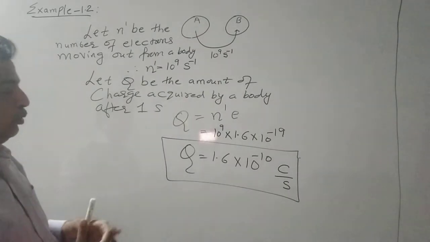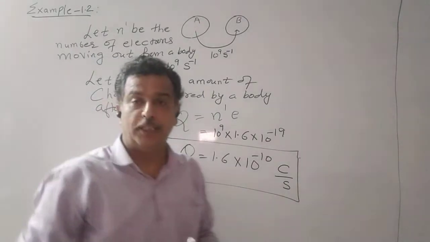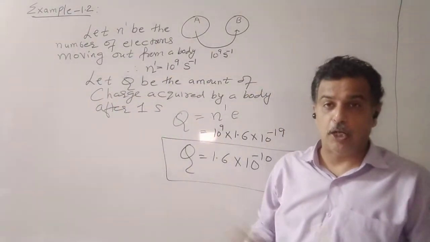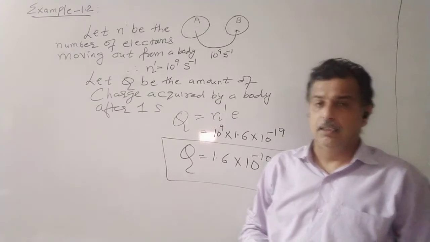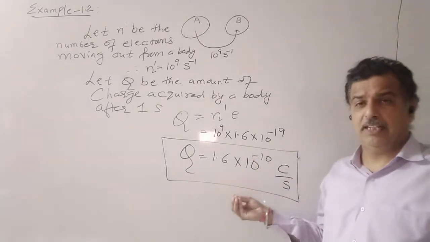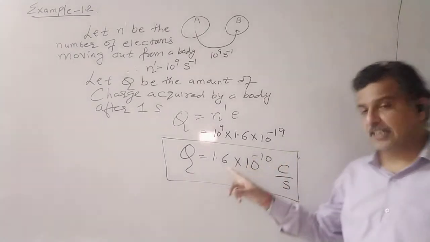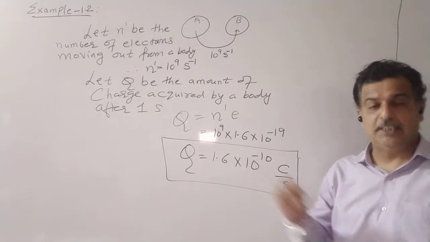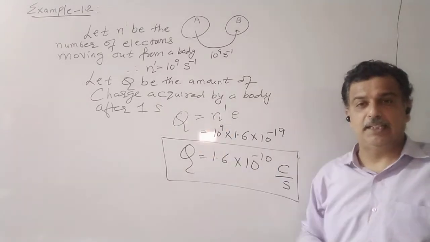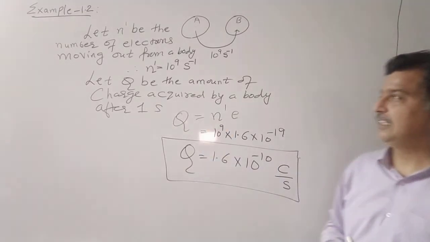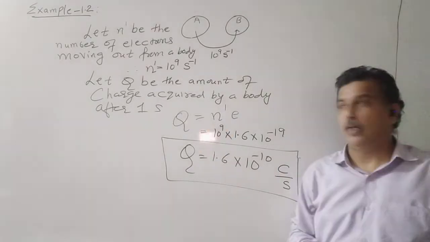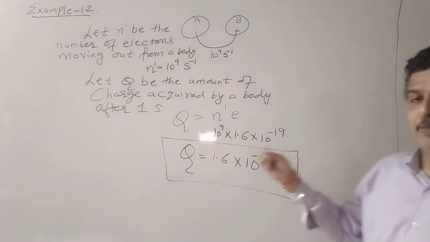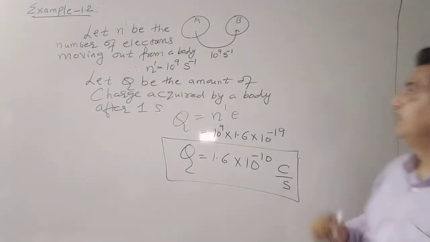But we need to find out the time for which the charge acquired by the body is 1 coulomb. So how much time will it take? By direct ratio and proportion we can say in 1 second the charge acquired is this much coulomb, so in time t the charge acquired is 1 coulomb. We can easily find this by a simple ratio and proportion method.